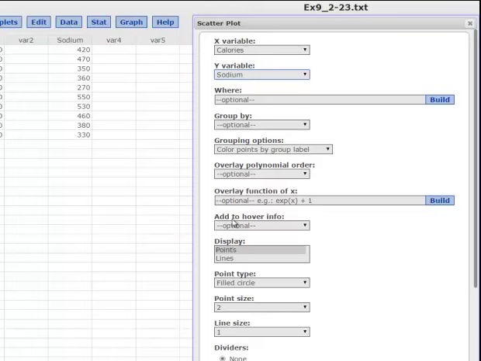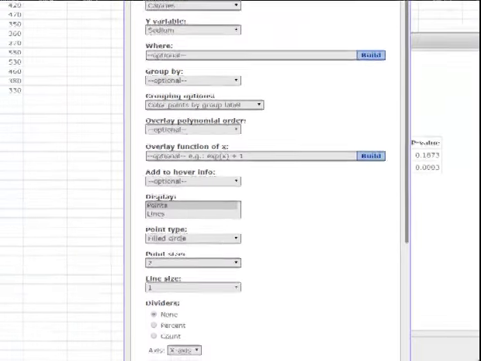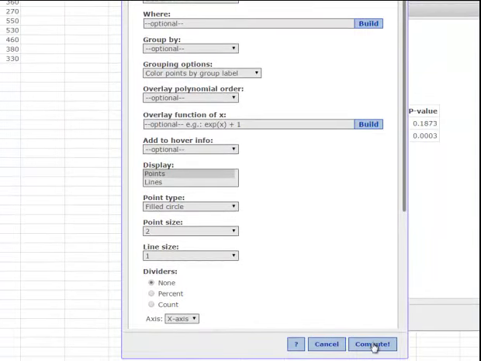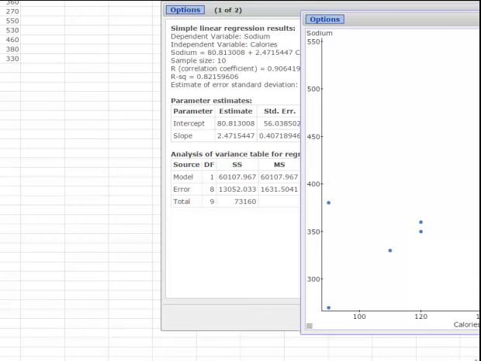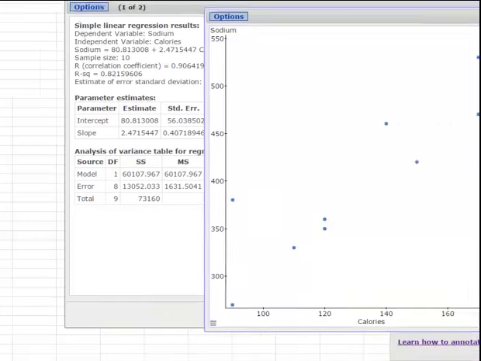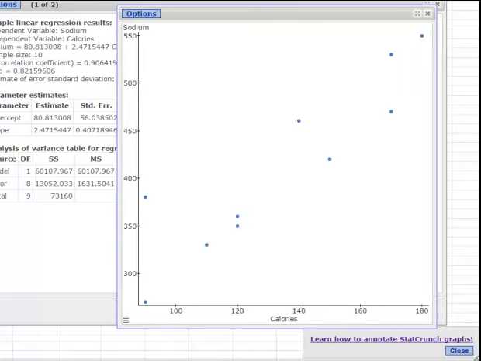And I'm going to leave everything else defaulted for now, and then press Compute. Looking at our scatter plot, we do see that we have an overall positive linear trend for the data. It appears that all of the data points are falling in a linear manner that's increasing left to right. That's consistent with what we got from our correlation coefficient from the original output.